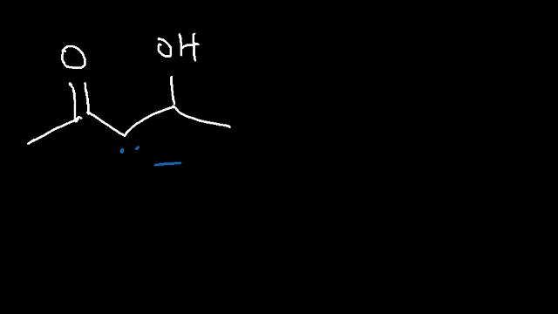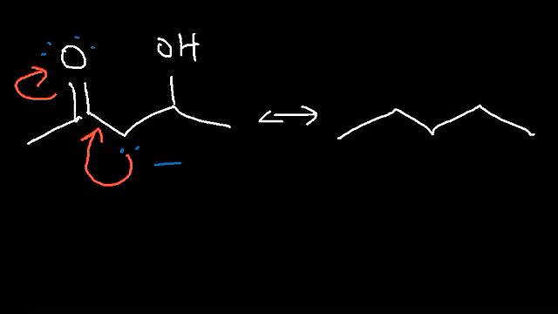So let's draw the resonance structure. This carbanion can use its electrons to form a double bond, causing a pi bond to break. And so that's why the alpha hydrogen was fairly acidic, because the conjugate base is stabilized by resonance. So this is called an enolate ion. Now what's going to happen next?